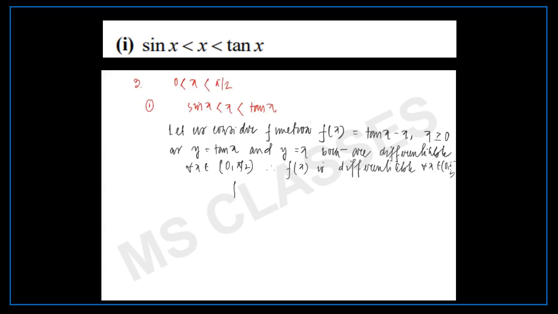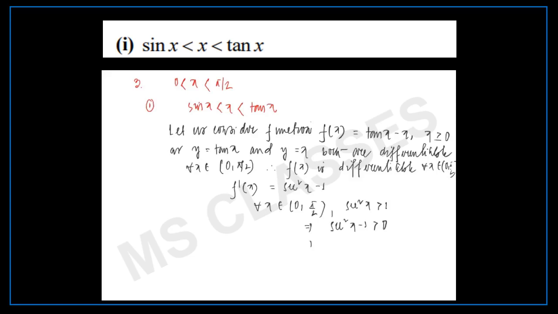Now we differentiate: f dash x is sec square x minus 1. For all x belongs to 0, pi by 2, sec square x greater than 1. This implies sec square x minus 1 greater than 0.